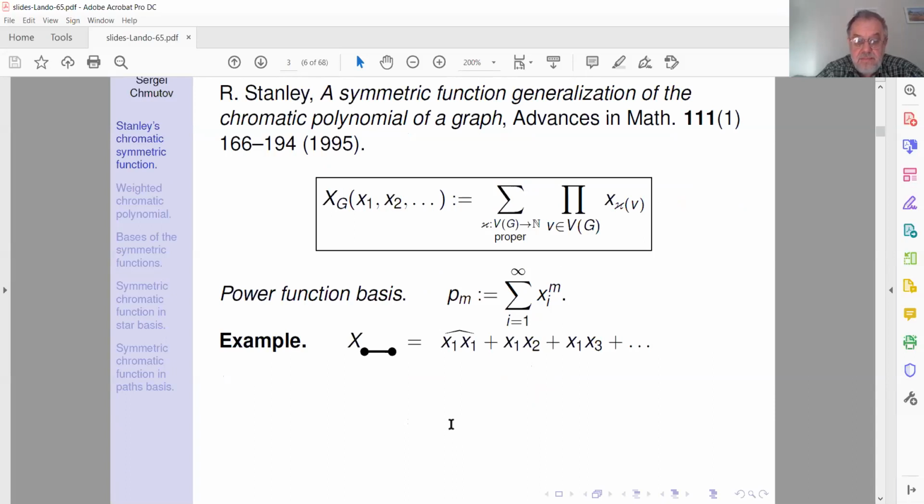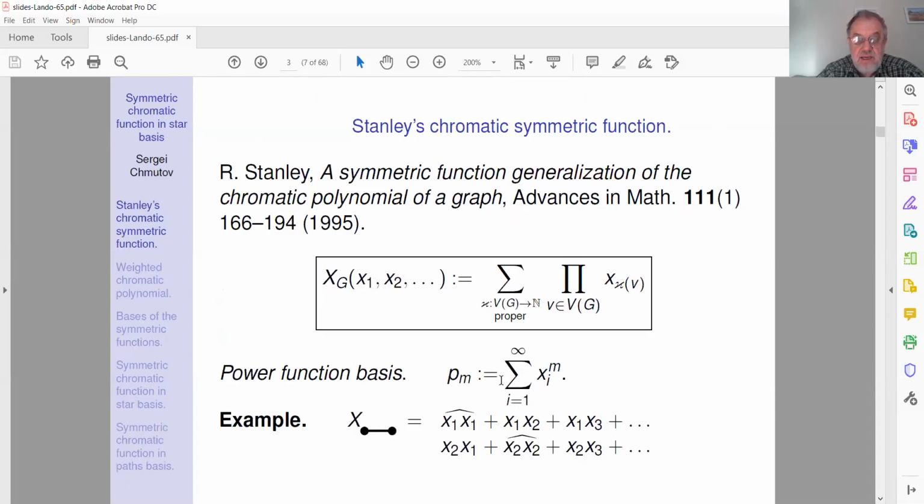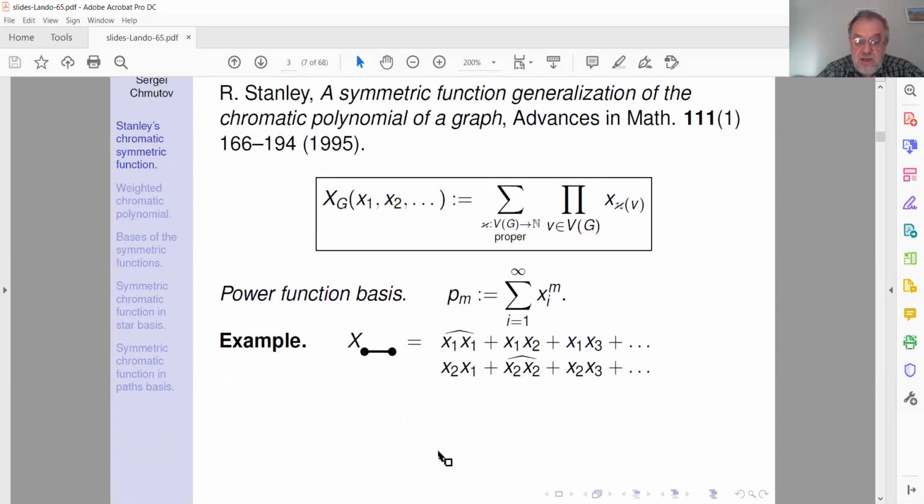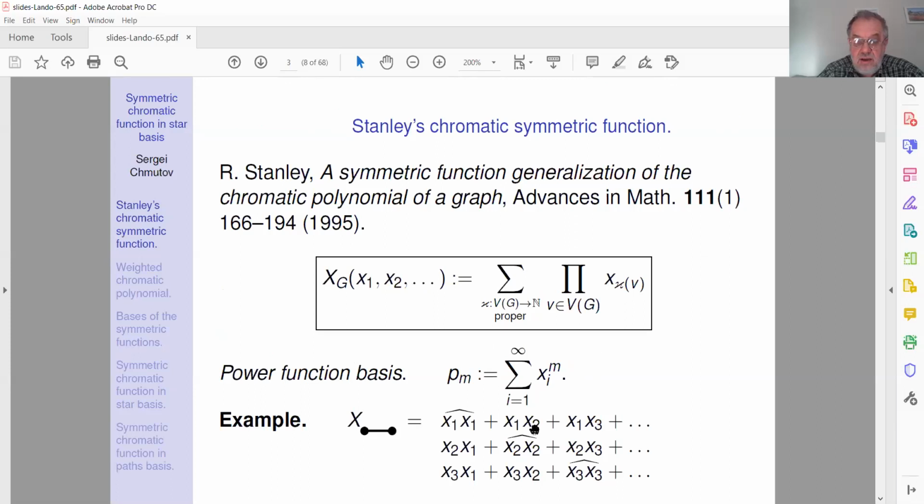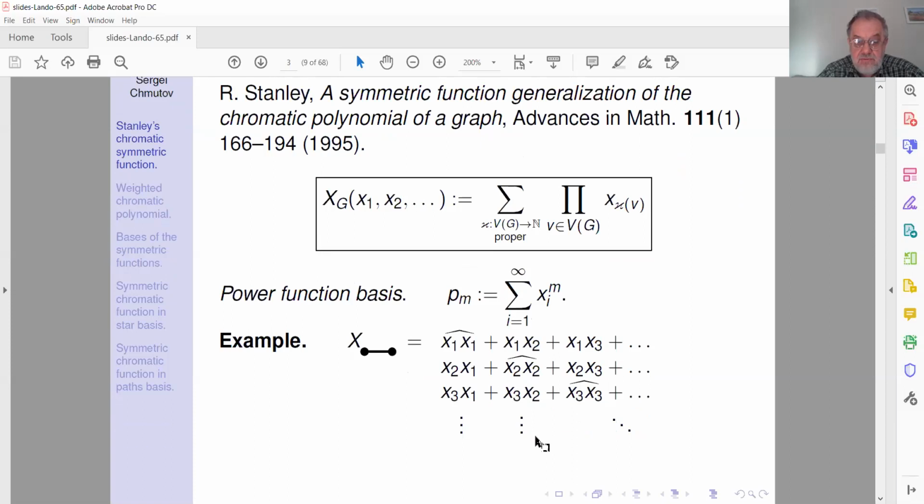Then I can color the first vertex by 2, and then 1 for the second one is allowed now, but what is forbidden is 2 for the second one, and so on. So I have that line corresponding to the coloring by 2. And then it will be by 3, and so on. What will be at the end?